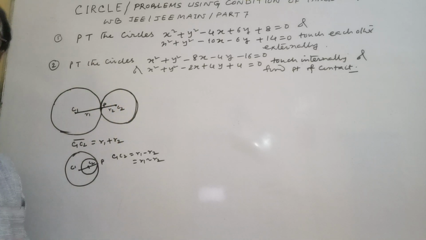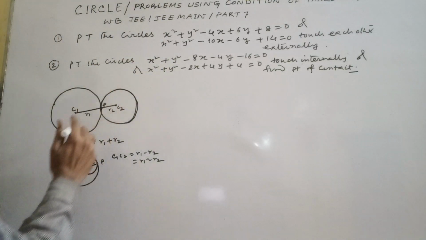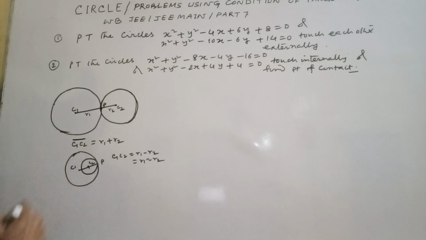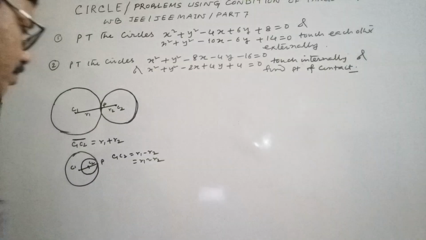So what is the condition? If two circles touch each other externally, then the distance between their centers equals the sum of radii. This is a result of class 10.